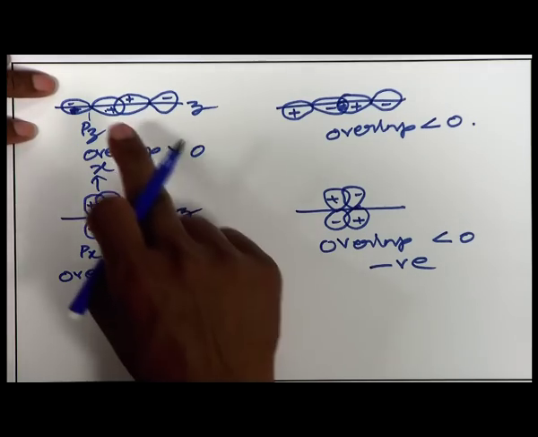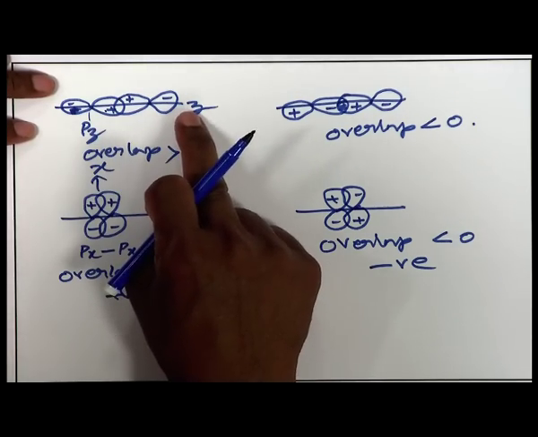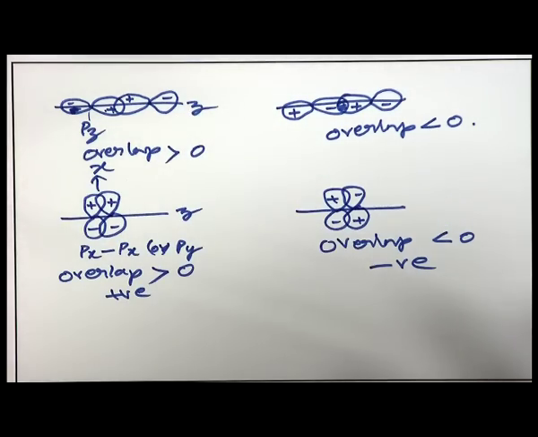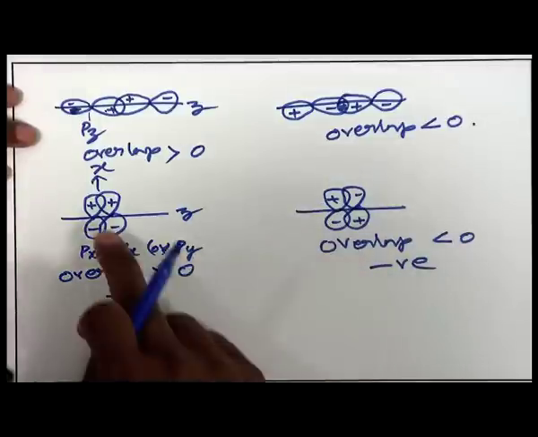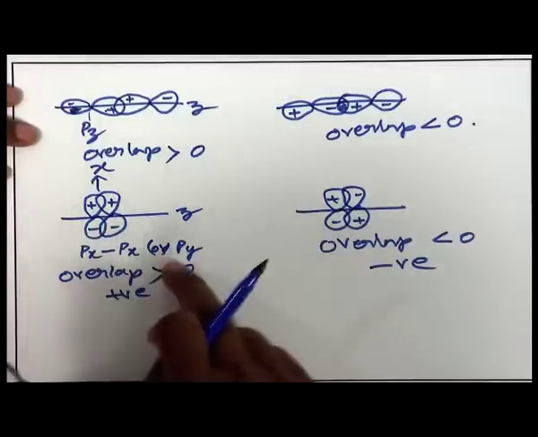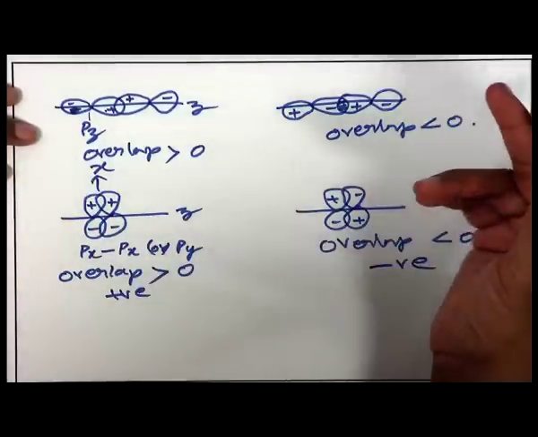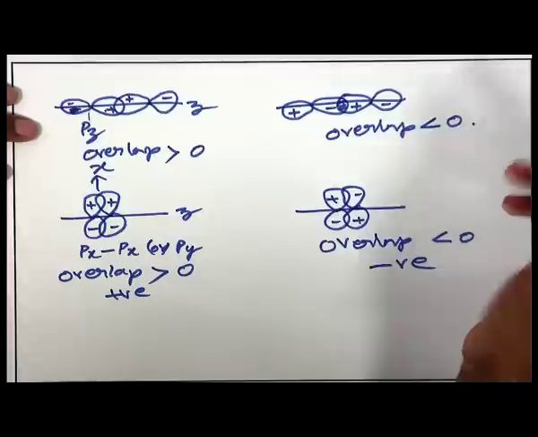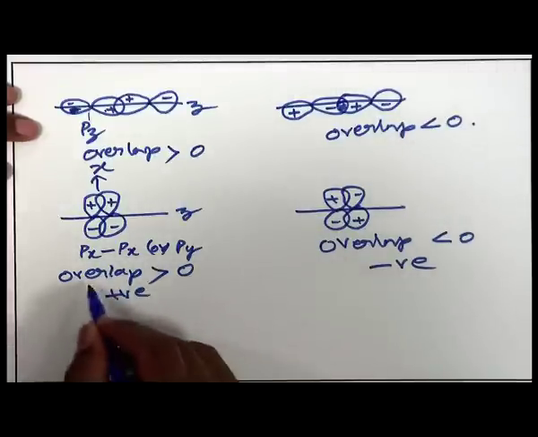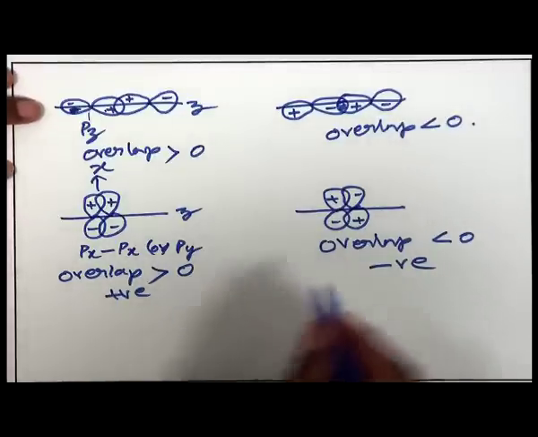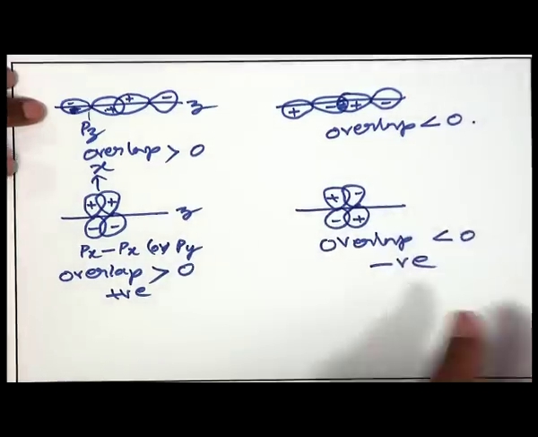A pz orbital combines with another pz orbital, because they are coming along the same axis. Similarly, a px or py orbital can combine with the px or py orbital of another atom to give a bonding overlap. It can also give a negative overlap.